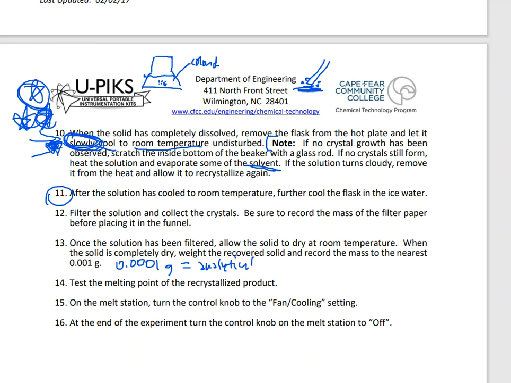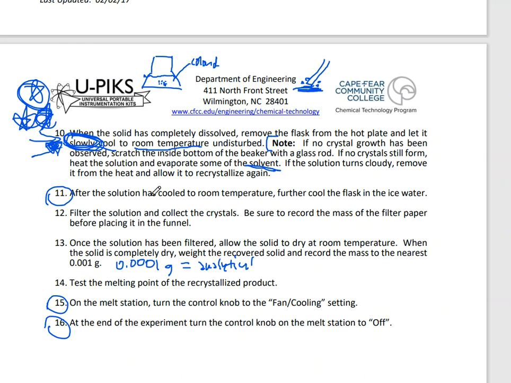Number 14, test the melting point of that product yet again. Number 15, make sure that you turn off the melting point system. Make sure that you box everything up and put it back to where you found it. Folks, that's it for the recrystallization. That's all that we need to do.